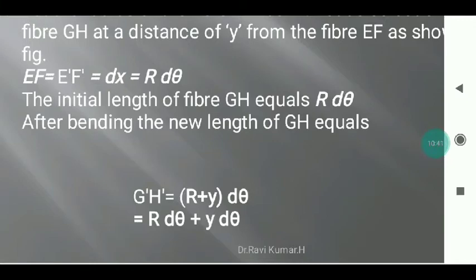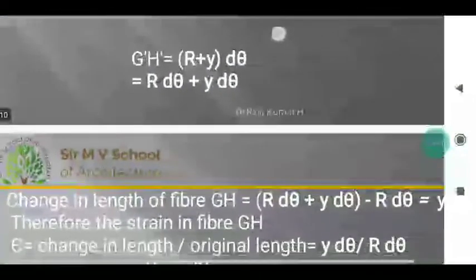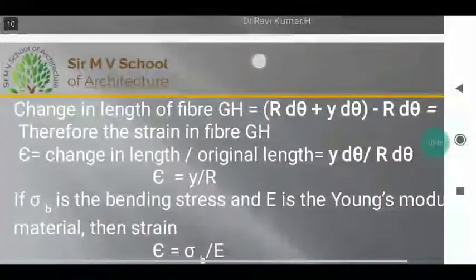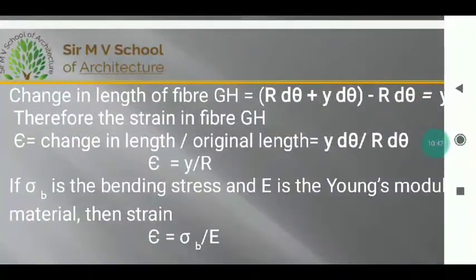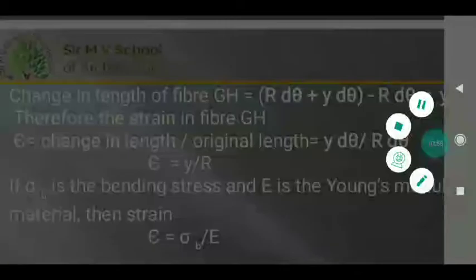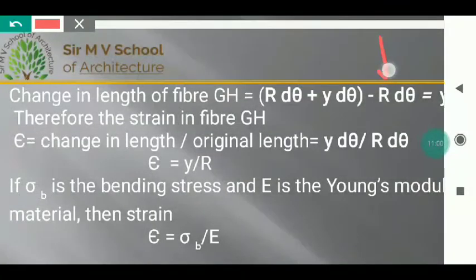So hence now considering the strain in the length of the fiber GH, which is the change in length divided by the original length: the length has changed from R del theta to (R plus Y) del theta, and the original length of the member was R del theta.